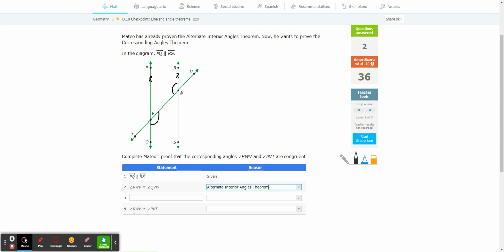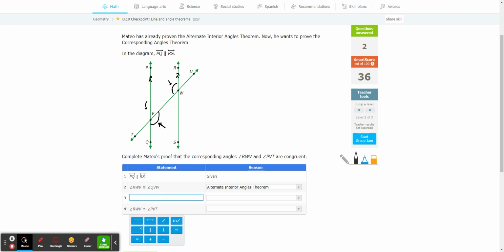All right, and we're trying to prove that RWV, so this one, is congruent to PVT. So we're trying to prove that it's congruent to this angle. So how is this angle related to this one we already know? They are vertical angles.